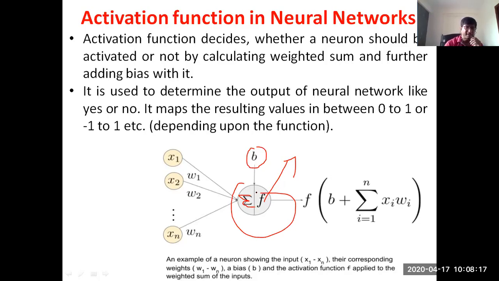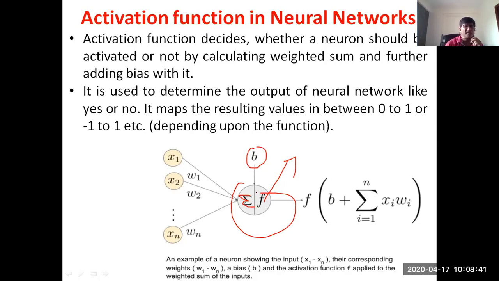So to decide what has to be done with this collected input, we have to write a function which takes this input and produces some kind of specific output. Now, if it is simply a linear function, then the output classes would basically be binary: either yes or no, either 1 or 0.